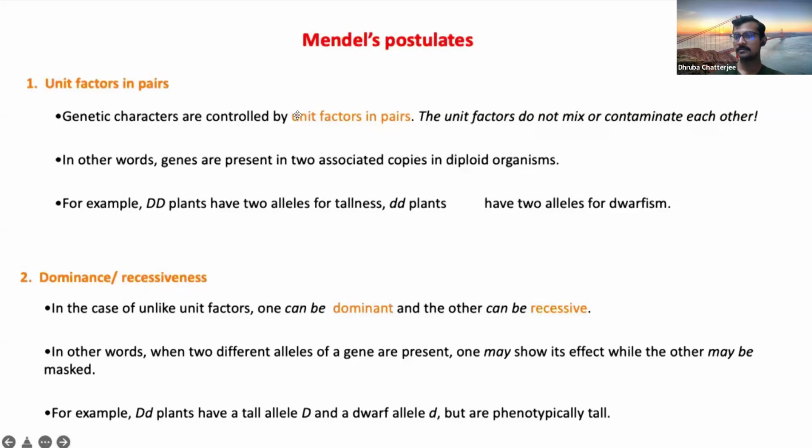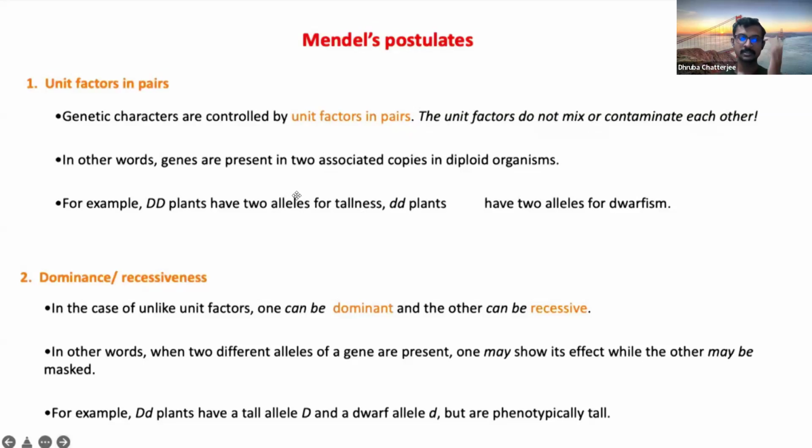That is, the pea plant was a diploid organism, and the factors existed in pairs. And these factors do not mix or contaminate. That is, they have individual identities, and these individual identities are always preserved. They never mix with one another or contaminate one another.